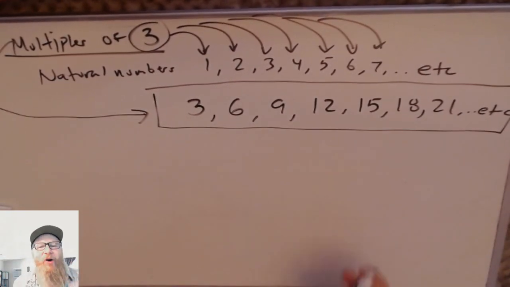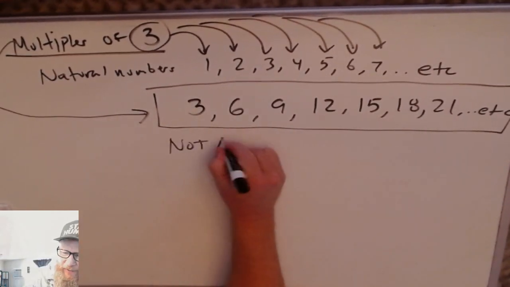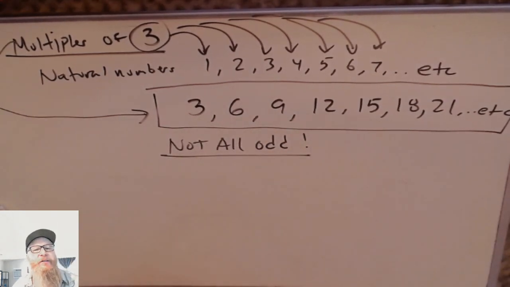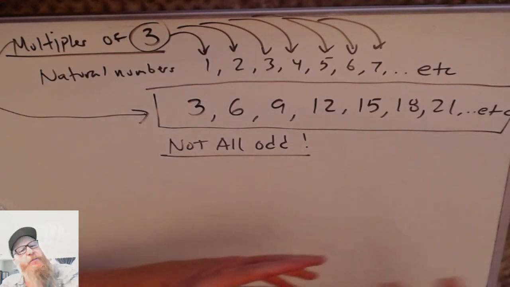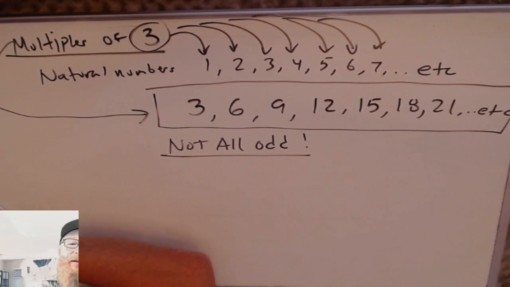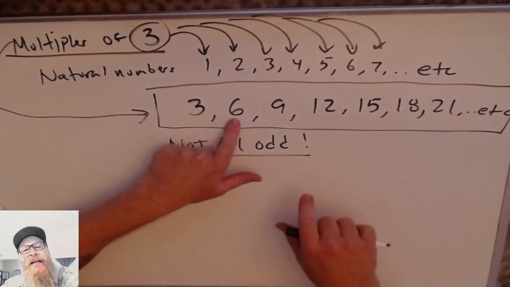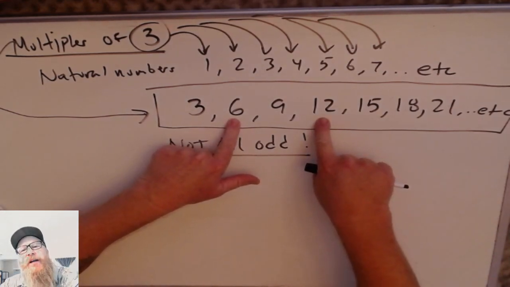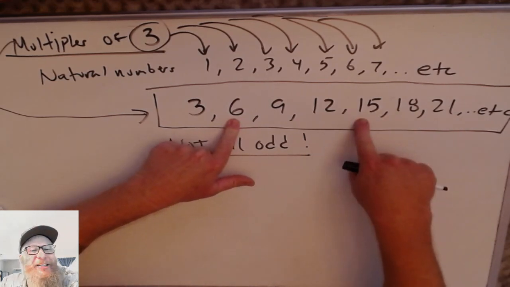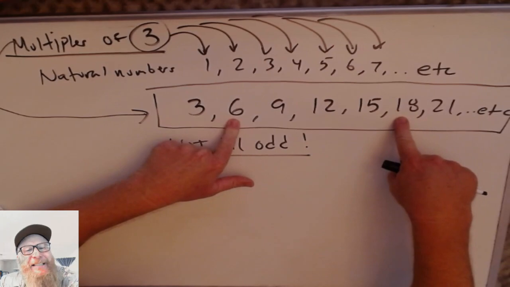Notice that they're not all odd. Very important observation. Sometimes people think, oh, if it's a multiple of 2, it's even, so if it's a multiple of 3, it's odd. Well, that's not true. 6 is not odd. 12 is not odd. 15 is odd, sorry, I'm pointing to the wrong one. 18 is not odd.